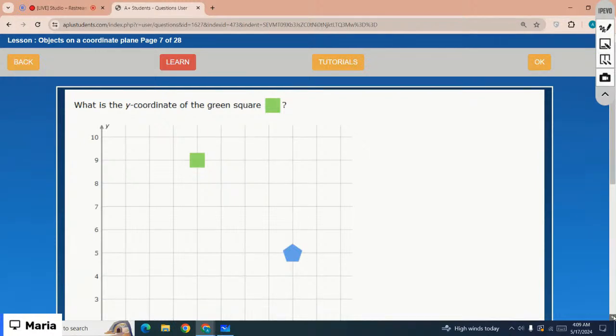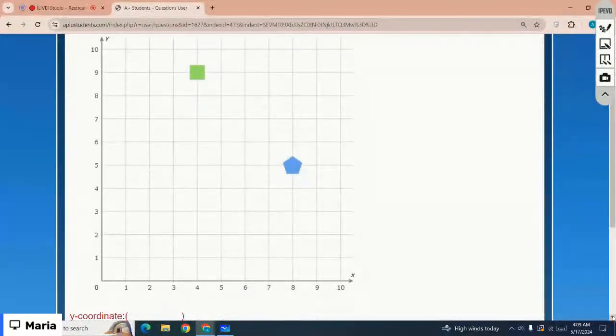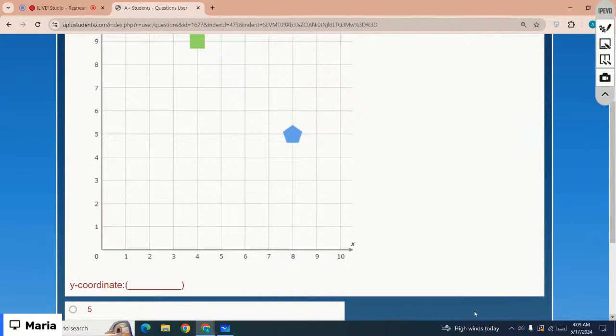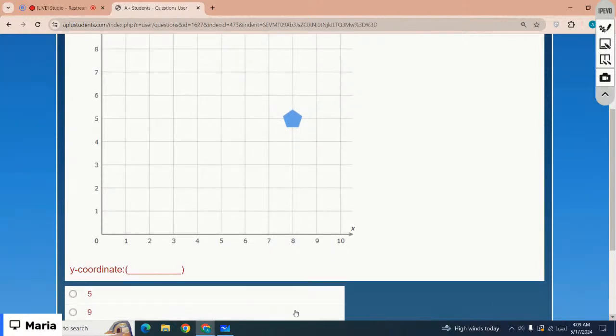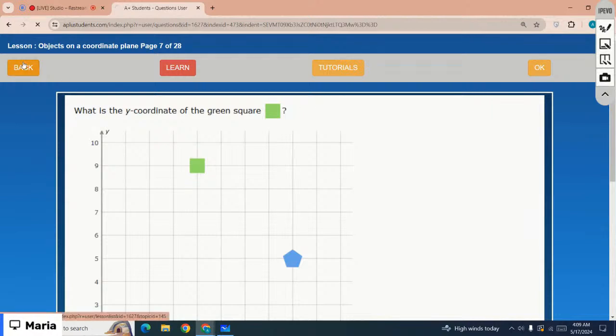What is the y coordinate of the green square? The y coordinate, yes, that is 9. The correct option is 9. Okay, you can complete the lesson by yourself later today. Let me just move on to next lesson.